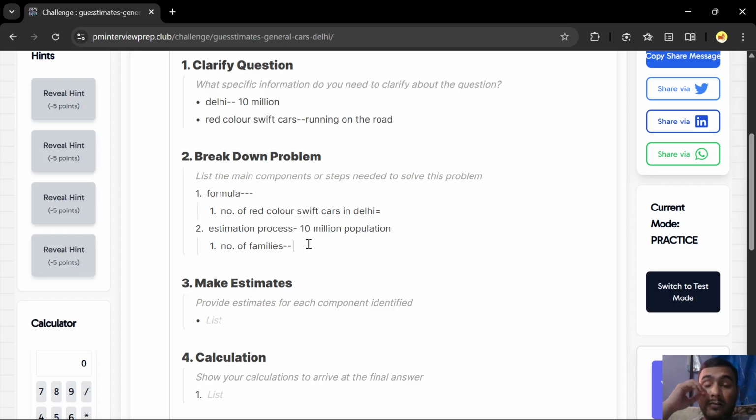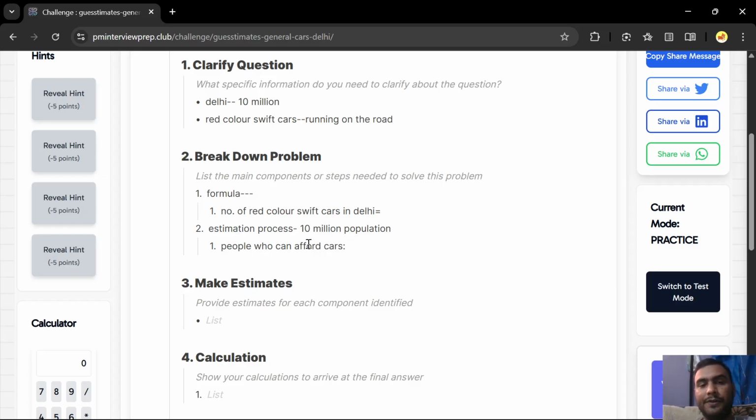So I think rather than moving to families, I should focus on people who can afford a car, or I should try to break down these people who can afford a car. Now, how can I estimate from this, given the population of Delhi and the urban rural divide?